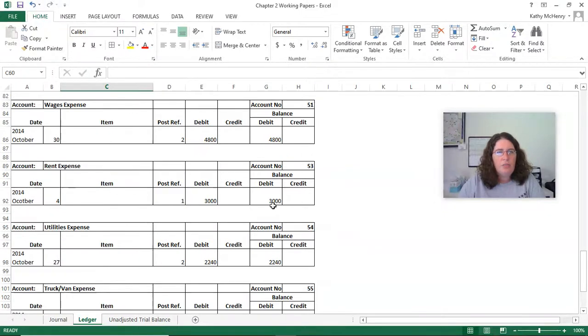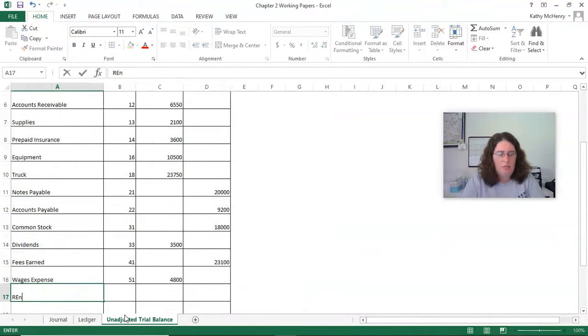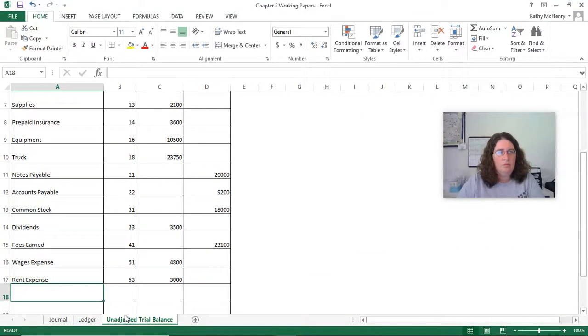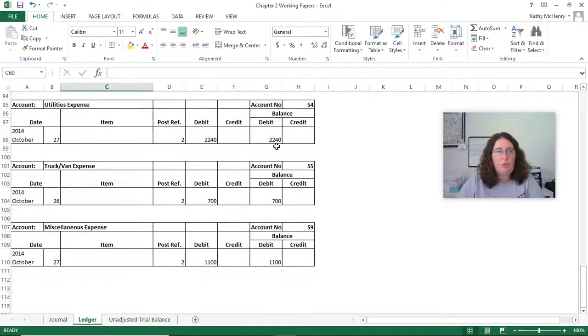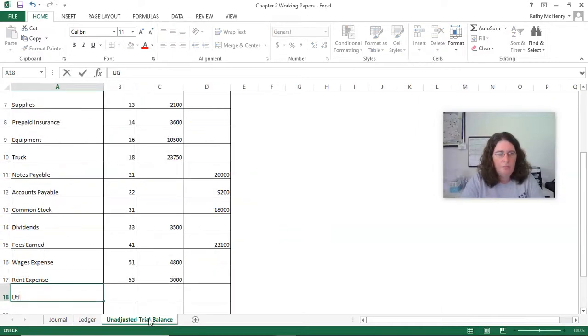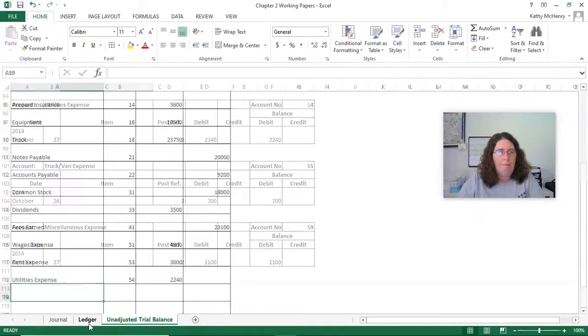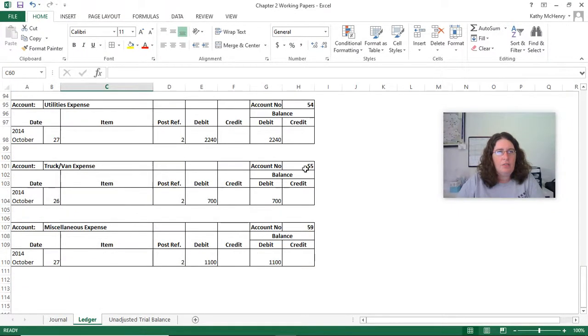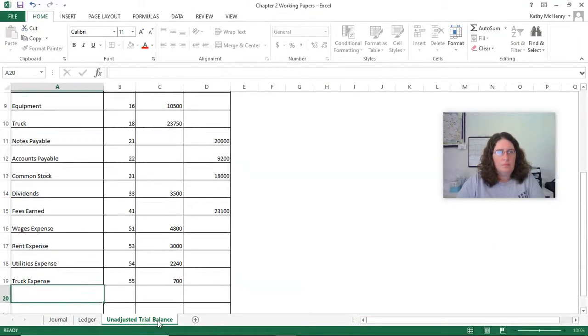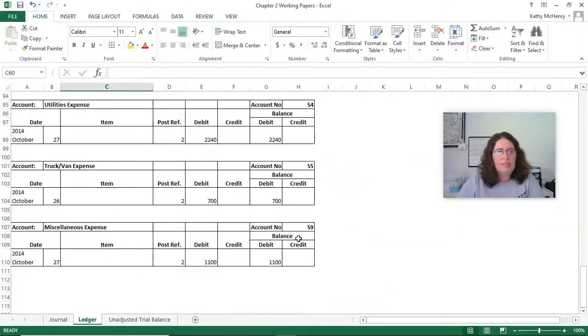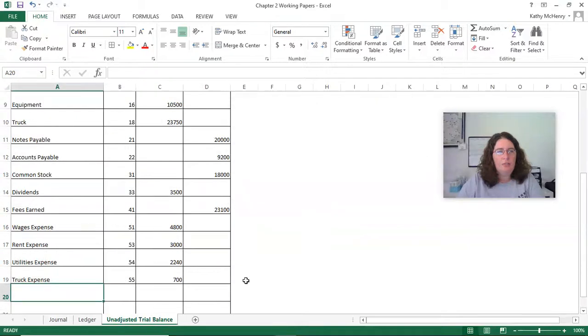Rent expense, 53, a debit of 3,000. Utilities expense, 54, a debit of 2,240. Truck expense, 55, a debit of 700. Miscellaneous expense, 59, a debit of 1,100.